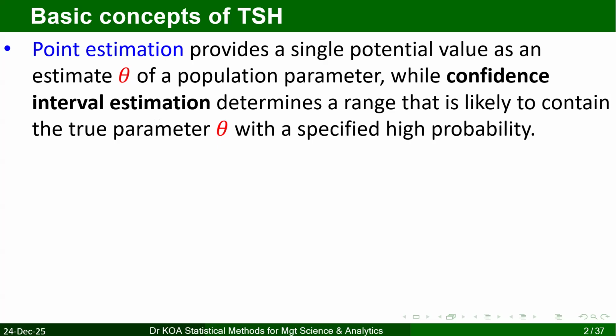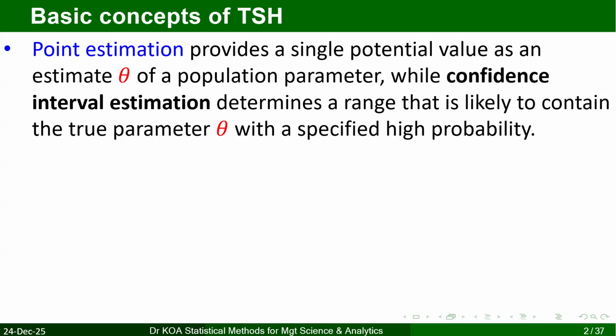Now, when you go into point estimations, we didn't really do point estimation, but point estimation is where you just estimate a single value of a statistical parameter. You get a single potential value representing an estimate of the population parameter. Whereas confidence intervals look at the gap or the interval of that particular parameter.